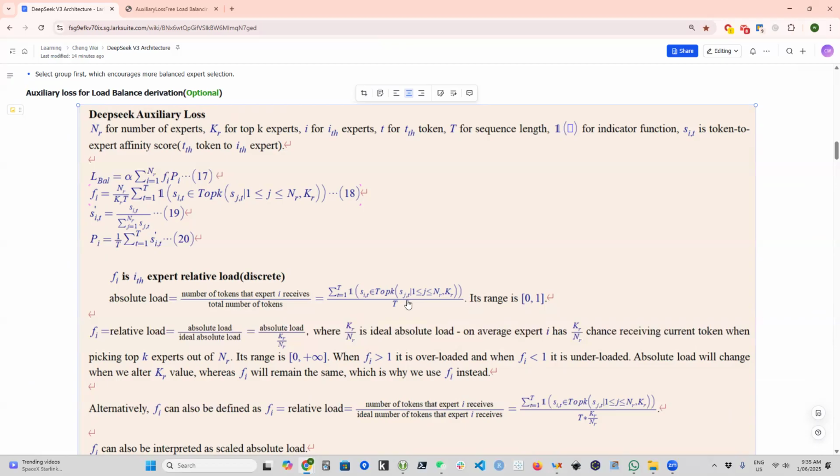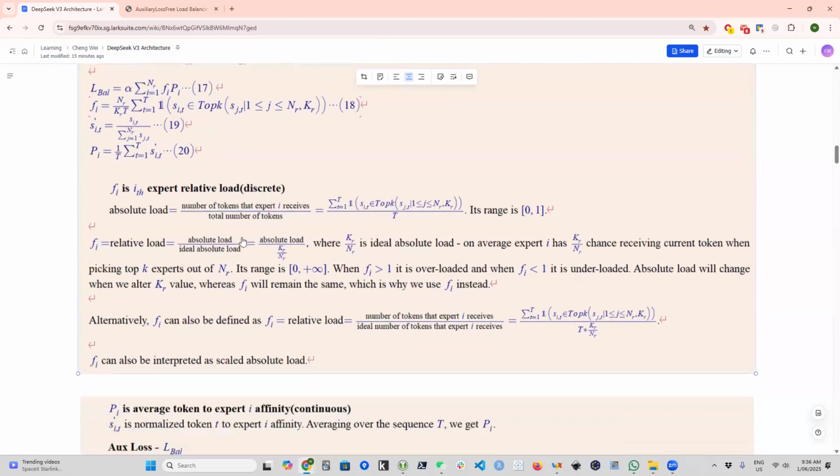Right. So if expert i is not selected at all, this will become 0. If all tokens, for top K, always go through expert i, then this will become 1, right? Then we define f_i. It means relative node.